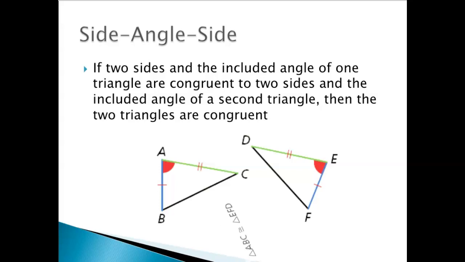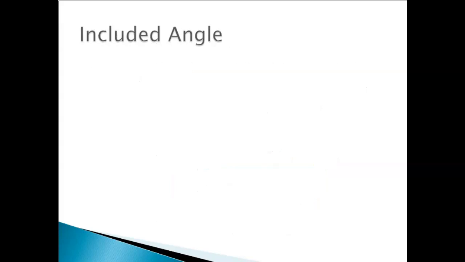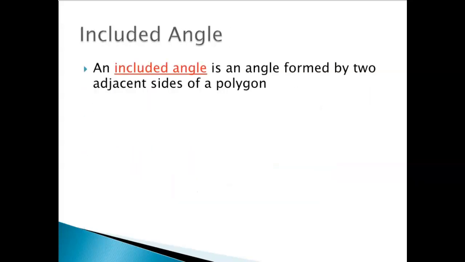So we can say that triangle ABC is congruent to triangle EFD. Just to be clear so that you have it down in your notes, an included angle is an angle that's formed by two adjacent sides of a polygon. In this case, angle B is the included angle that is formed by sides AB and CB.